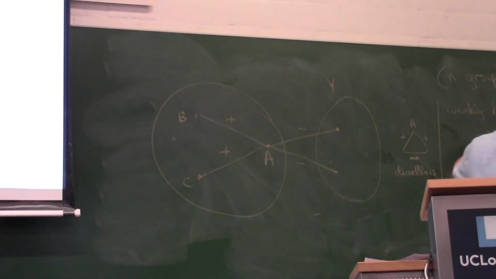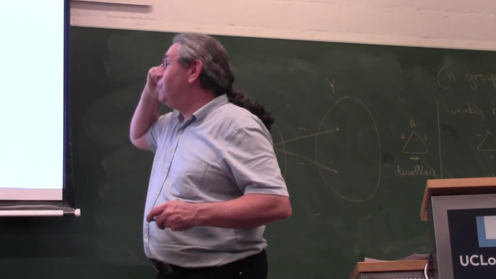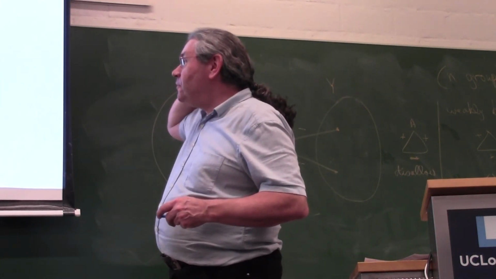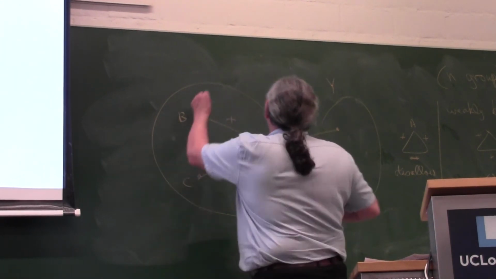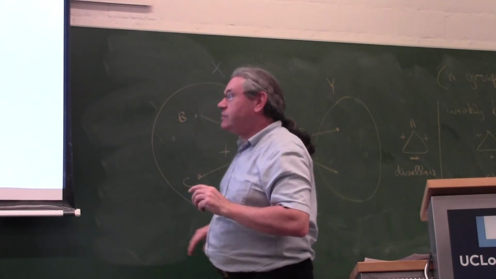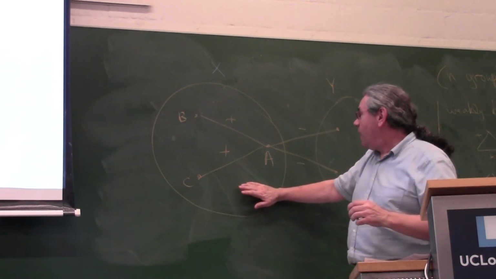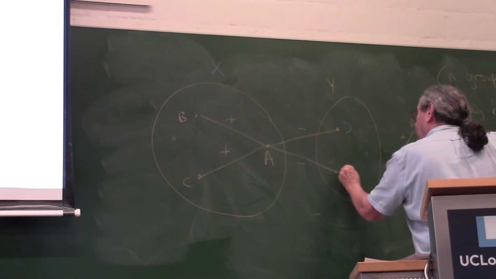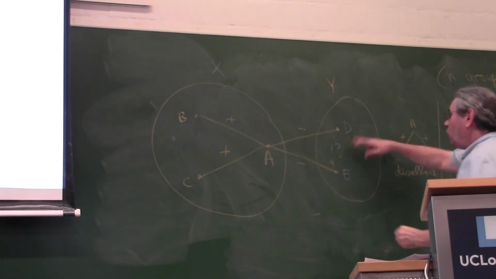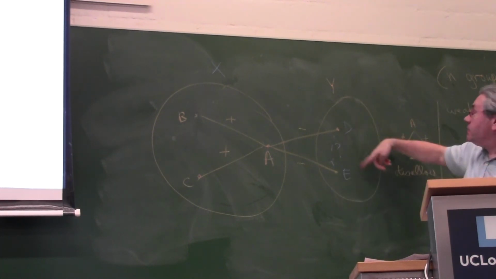But now we have 3 triangles instead of 2. So we can't really use the same proof as before. So what are we going to do? Well, let's just look at the group X now. Let's say that we want to show that all the nodes in X are mutual friends and that they're enemies with all the rest. But we don't know anything about what happens in Y. We don't know that the Y's are friends.